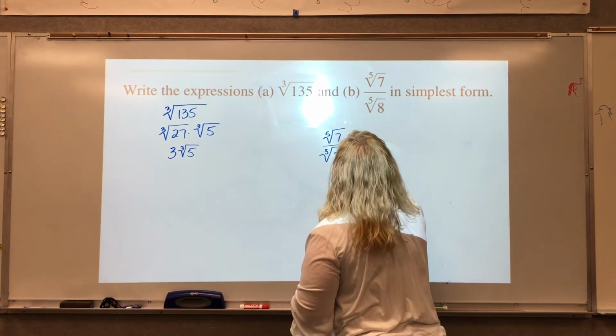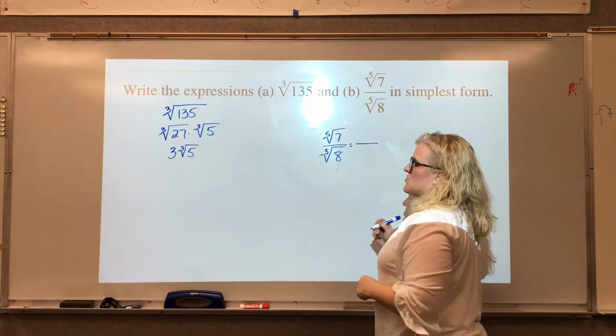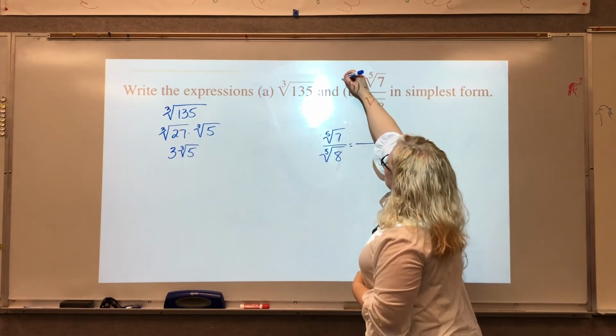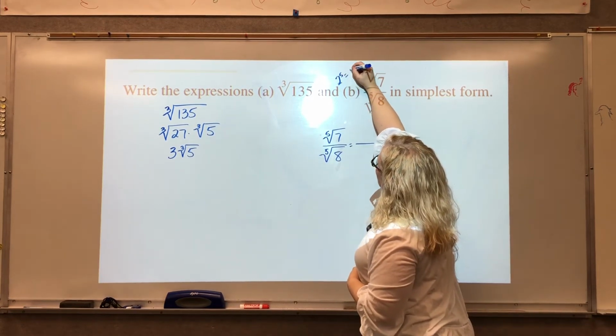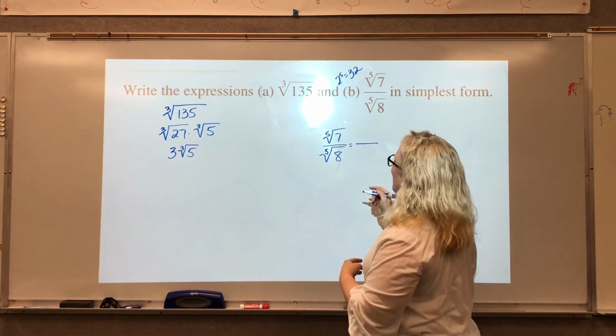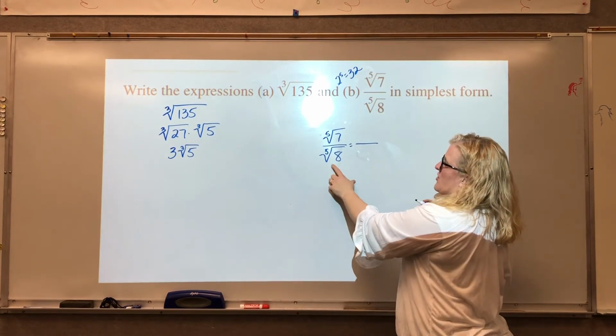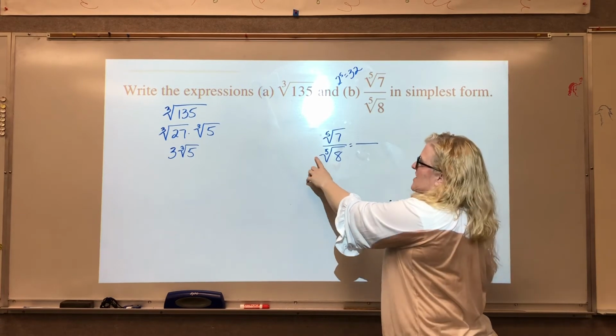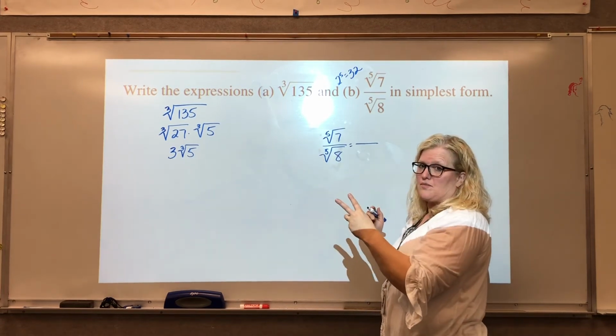Okay, so here I'm looking at my 5th root, and 2 to the 5th power is 32. So if I can make the denominator a 32 and I take the 5th root of it, it becomes 2.